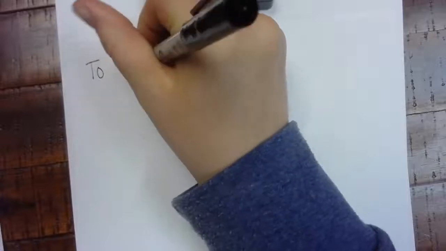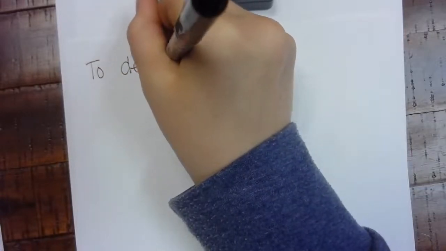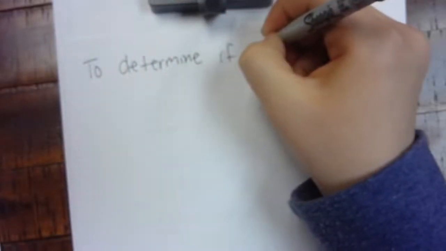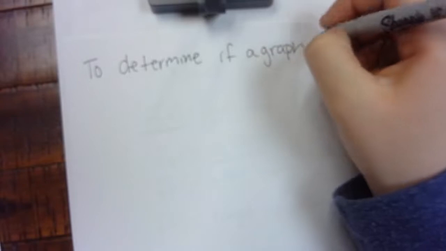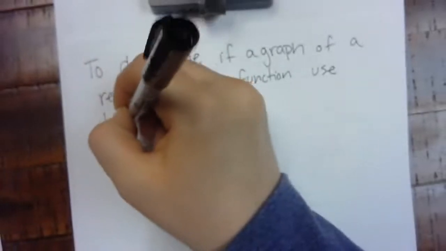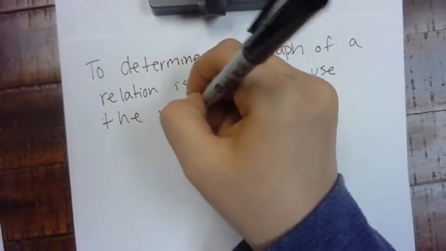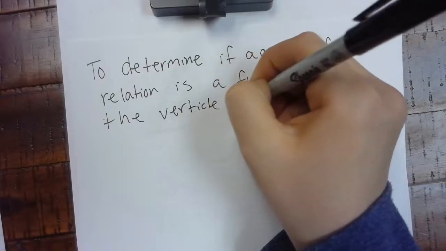So to determine if a graph of a relation is a function, use the vertical line test.